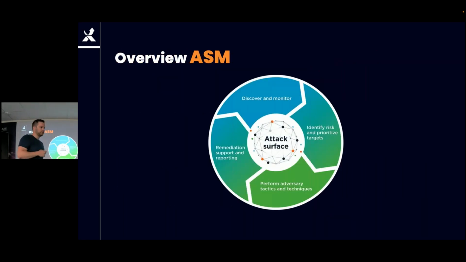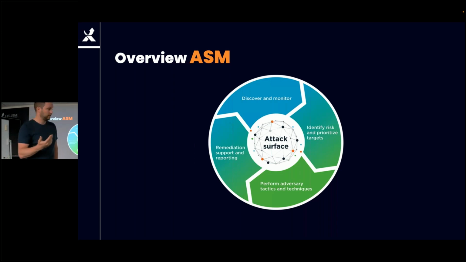So attack surface management. I stole this picture from IBM because it's a good overview. First of all, if you want to do attack surface management, you need to know your attack surface. So that's the discovering part, discovery and monitoring. Second part is, okay, now you know all your assets, how are you going to identify risks? So all the security gaps, and prioritizing is key in this scenario. If you already have that in place, very good.